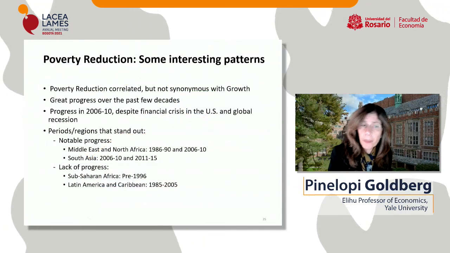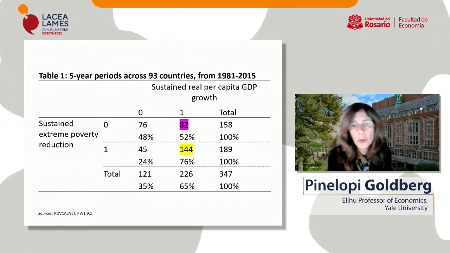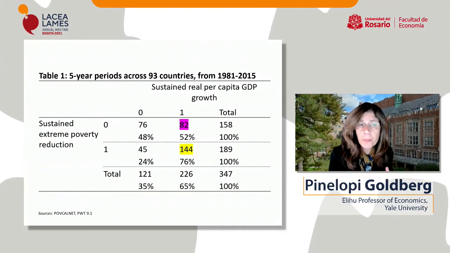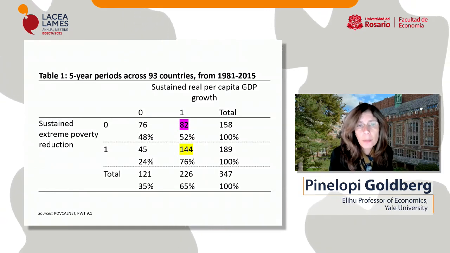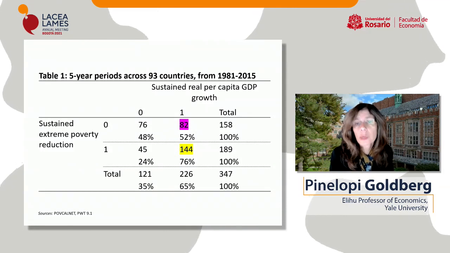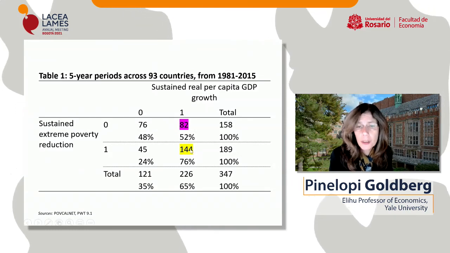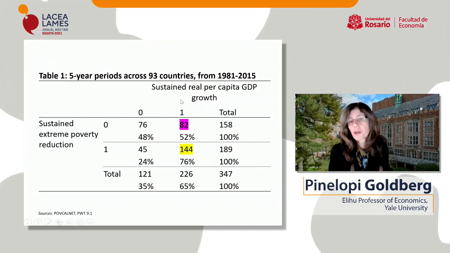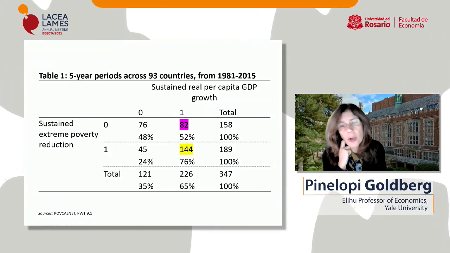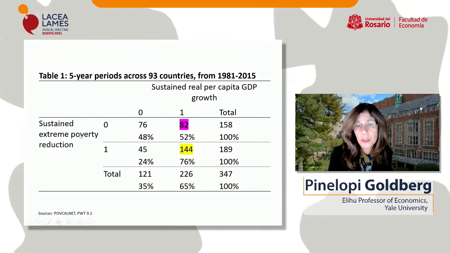Some other patterns that I want to briefly mention. I could spend a lot of time on this, but there is one I want to emphasize. Poverty reduction is highly correlated with growth, and this is precisely the reason that most economists think that the best way to reduce poverty is to support growth. You see that clearly in this highlighted number here. That table contrasts the instances of sustained real per capita growth to those where we have sustained extreme poverty reduction.